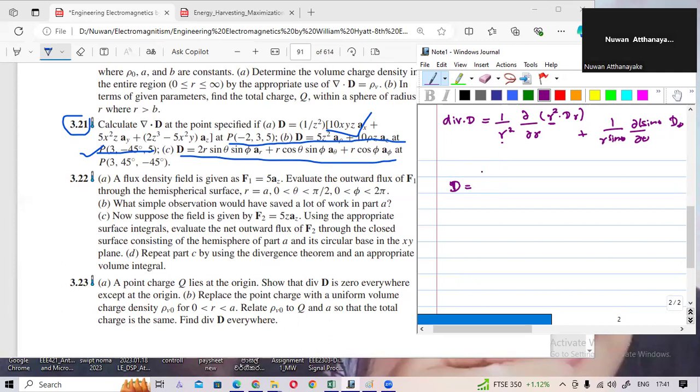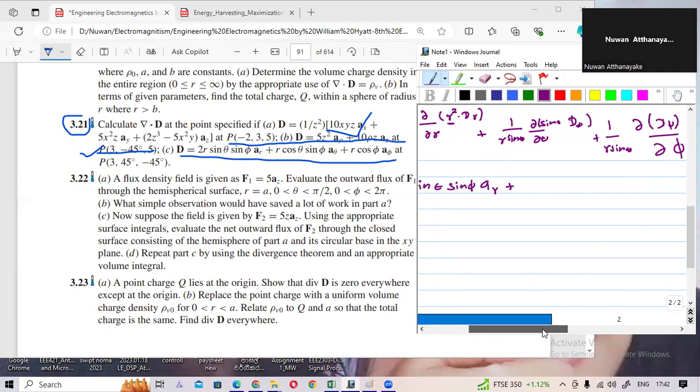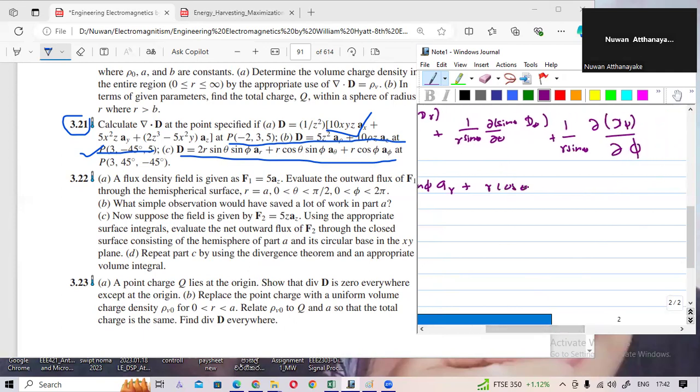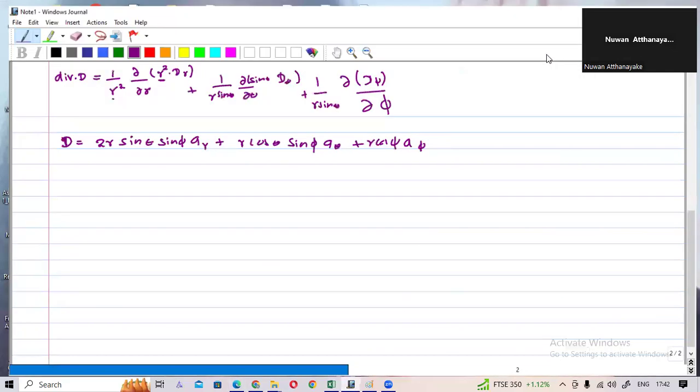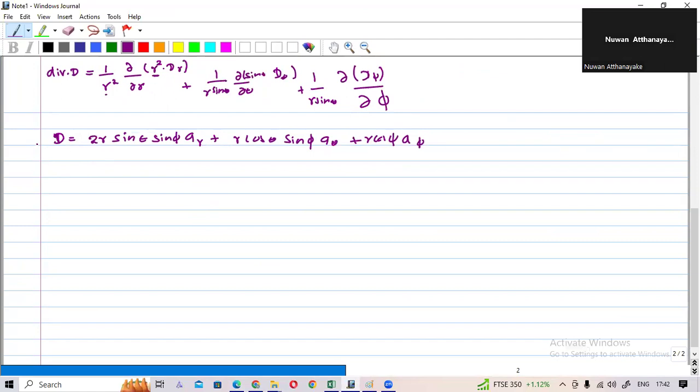It is given as 2r sine theta sine phi a_r plus r cos theta sine phi a_theta plus r cos phi a_phi. This is in Coulomb per square meter.